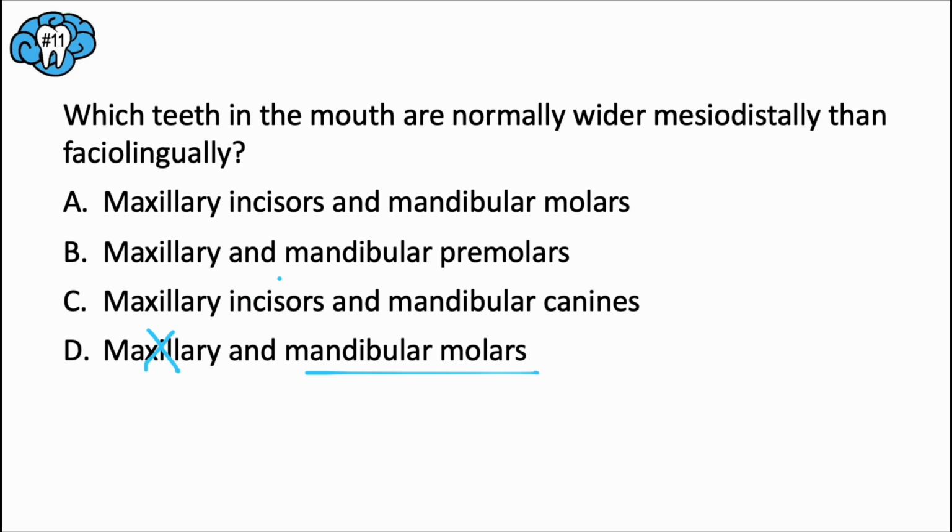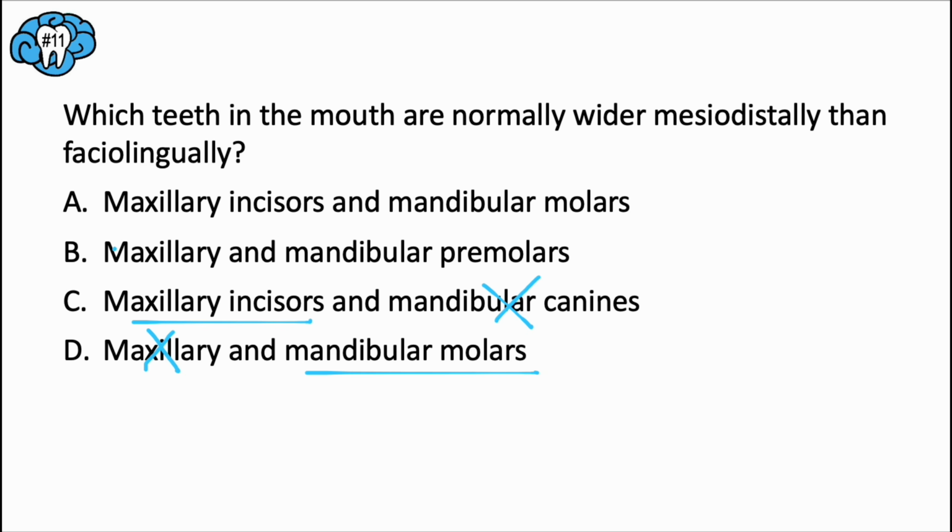They're in fact wider mesiodistally than they are facial-lingually, so that part is good. We like that part. The problem with this answer choice comes with the mandibular canines, and both maxillary and mandibular canines are wider facial-lingually than they are mesiodistally, and that's because of the relatively large cingulum that these teeth have. So we can eliminate this answer choice as well because of the canine inclusion.